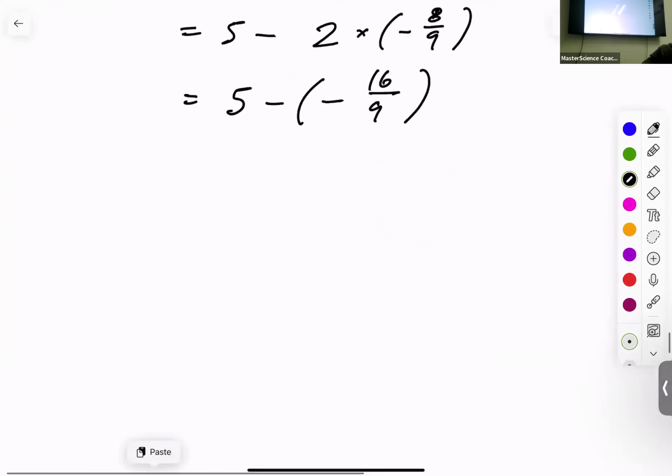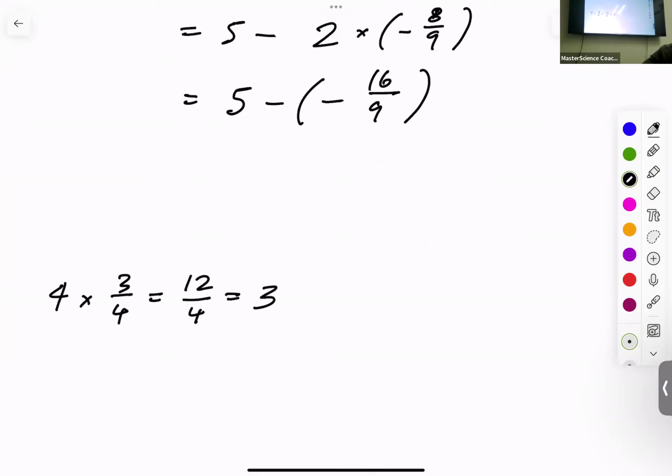For instance, let's say I have 4 times 3 quarter. 4 times 3 is 12, and 12 over 4 will give you 3. Or you can think of it as 4 times 3 quarter, cancel the 4 and the 4, and you get 3.